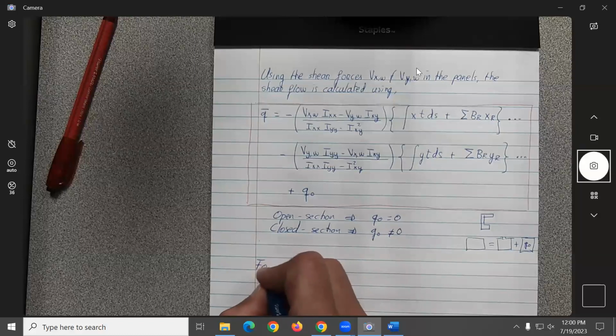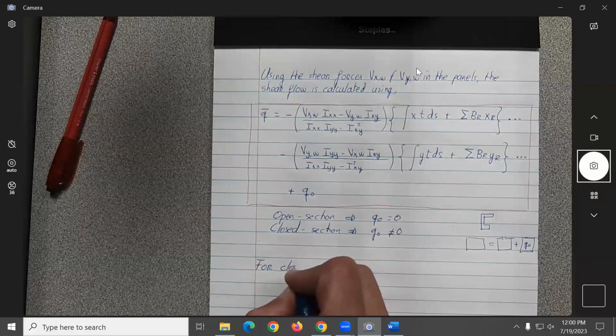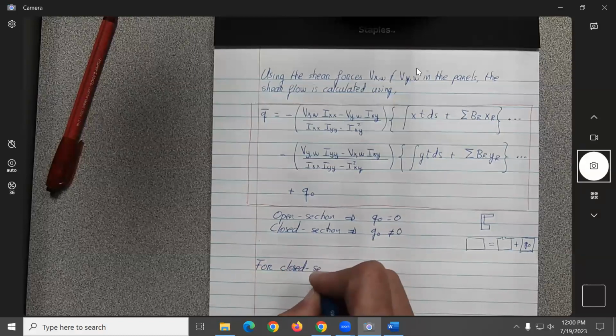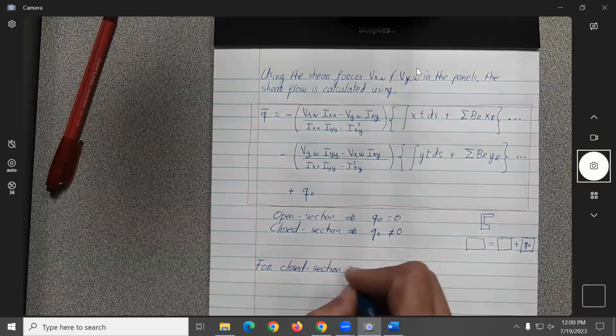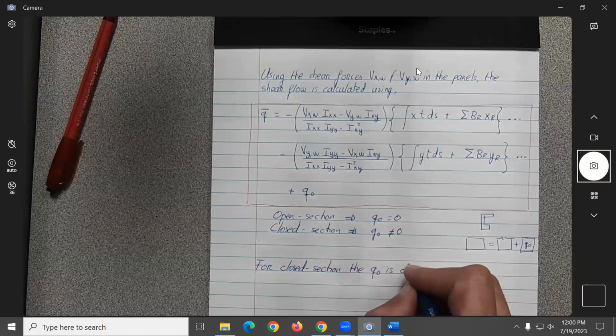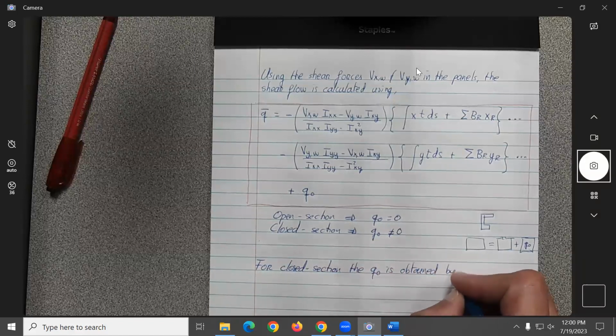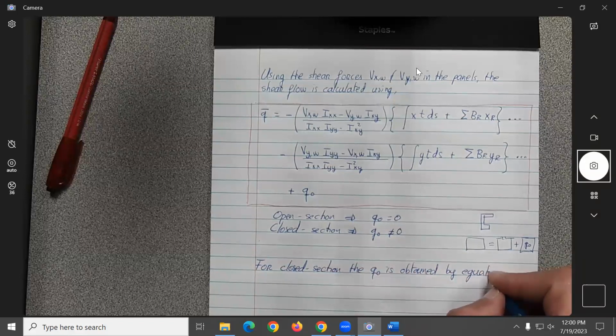So for closed section, the Q sub naught is obtained by doing what? What did you do?